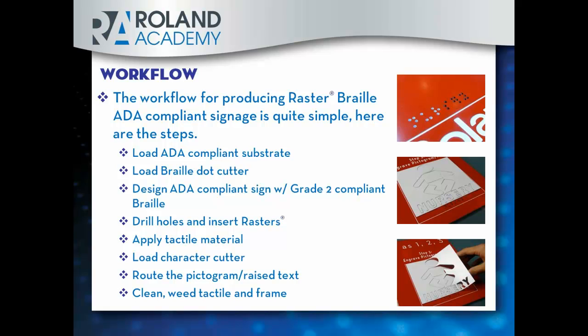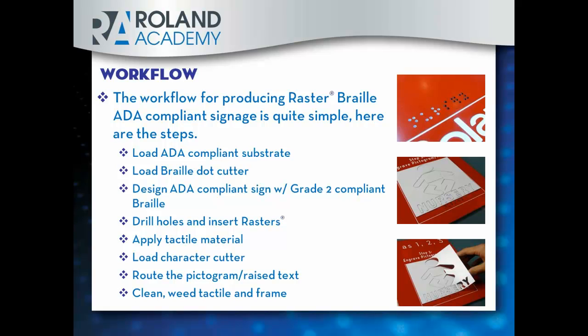They do have the actual grade 2 compliant translators built in. So all you do is type in text and the software does all the work, does the conversion for you, the spacing, everything. Then the first step is you're going to drill the holes and then insert the rasters. The rasters are either inserted with the manual pen or, if the customer has a 400 or 600 with the auto pen, they can use the auto pen to insert the rasters.